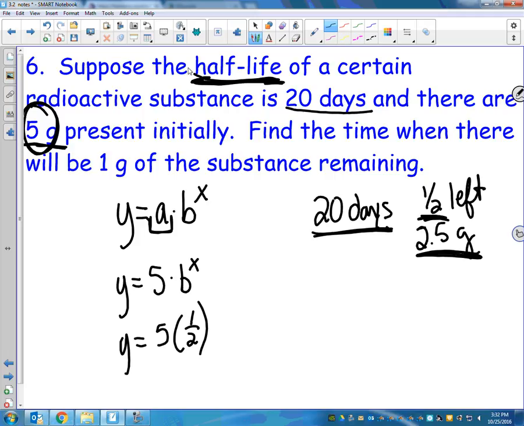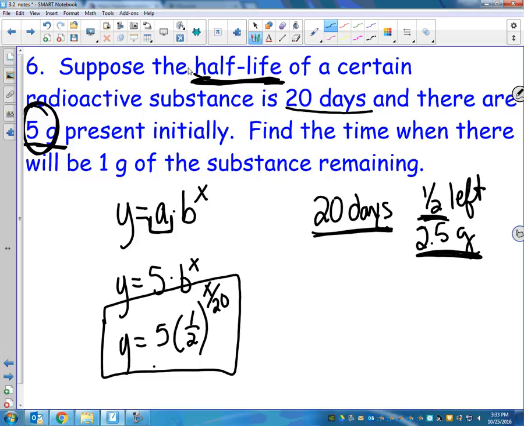And basically I want to be able to take 5 times 1/2, right? And I want to be able to get 2.5. But I also want that to apply to everything. And so what works out is every time that you do a problem like this, if you know the initial amount and you know it's a half-life, you can set the exponent equal to x divided by the half-life, which in this case is 20. And that would be the equation that gives you the half-life for that substance.